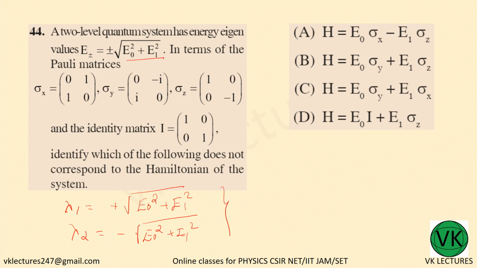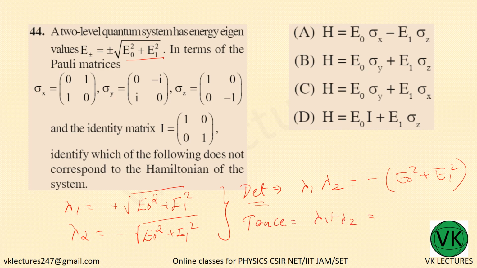Now the determinant of the matrix will be equal to lambda 1 times lambda 2, which is equal to minus of E naught squared plus E1 squared. Okay, so our matrix formed by this quantum system has a determinant minus of E naught square plus E1 square. Then the trace of that matrix will be equal to lambda 1 plus lambda 2, which is equal to 0.